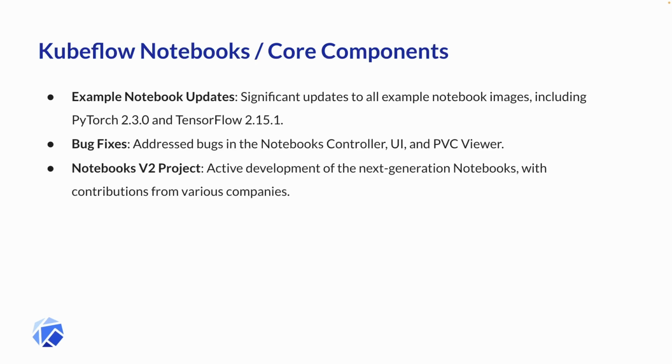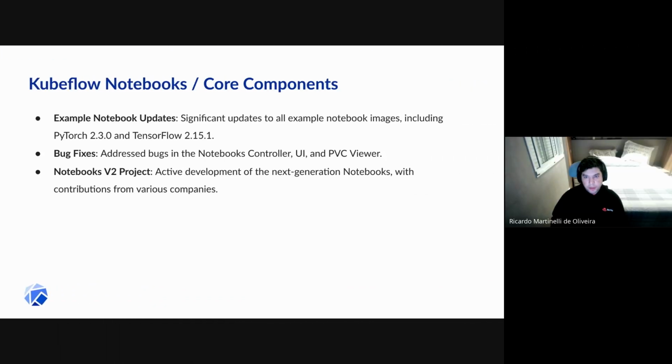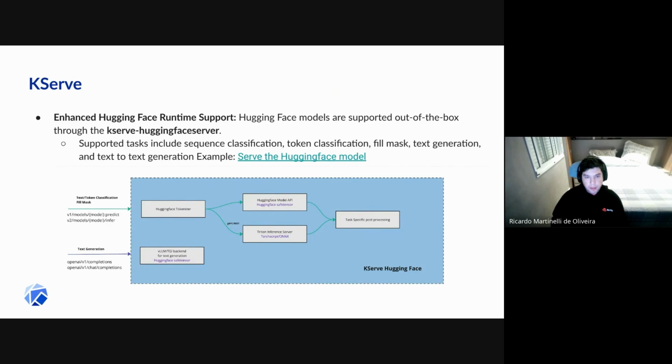A particular highlight is the Notebooks v2 project. This is in active development for the next generation of notebooks, with contributions from various companies. We invite you to check out more information at the working group and at the Kubeflow community meetings. Thank you very much.